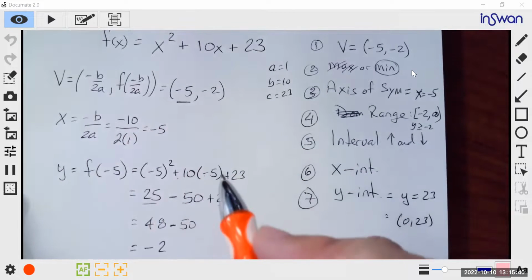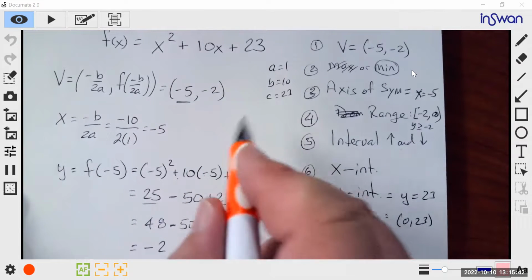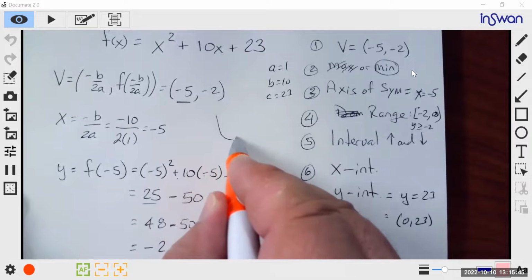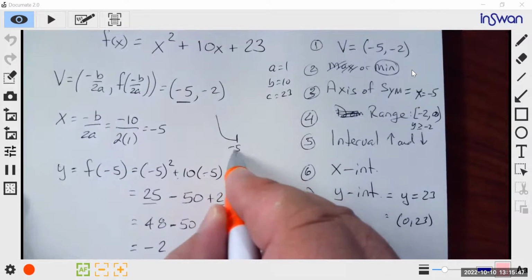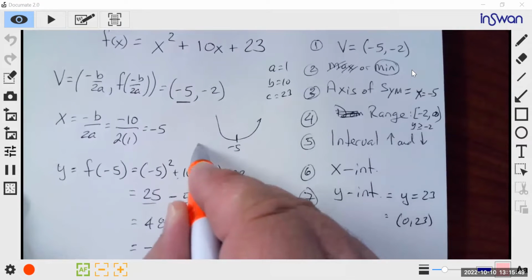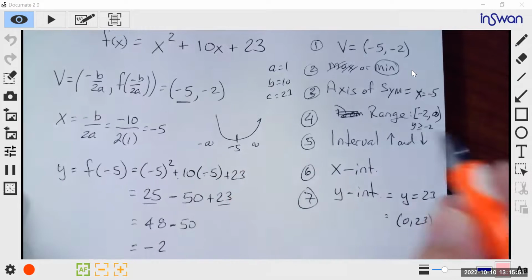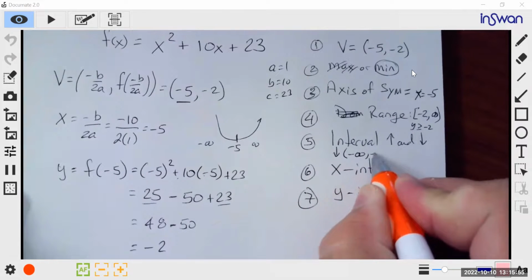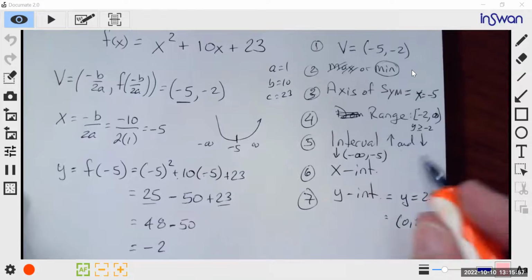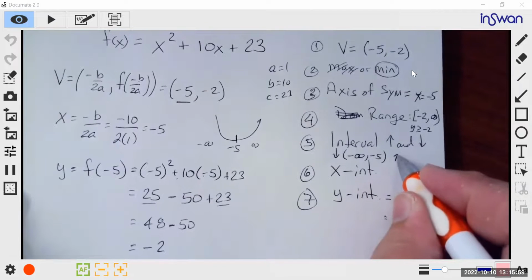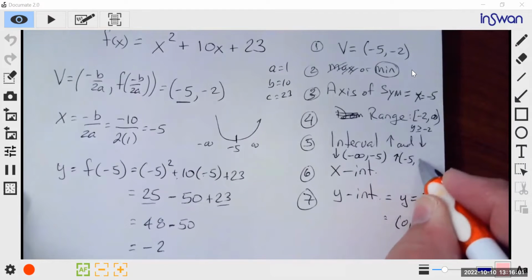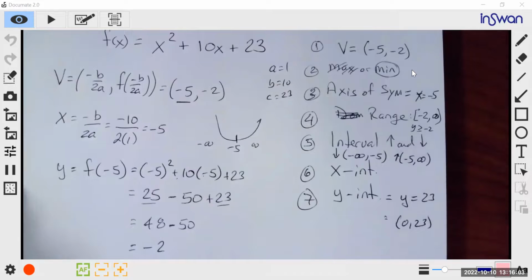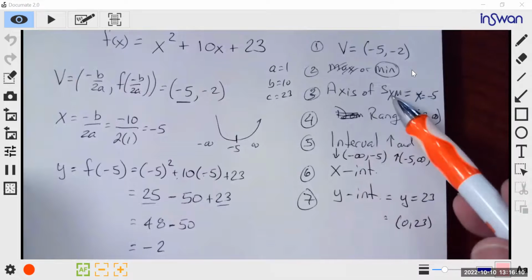Since we know the graph opens up, it has to go down to negative 5 and then go up. Down from negative infinity to negative 5, and then it goes up from negative 5 to infinity. One, two, three, four, five, six.